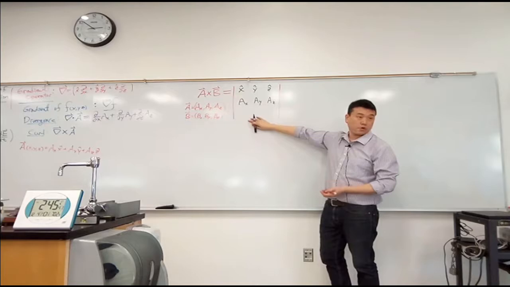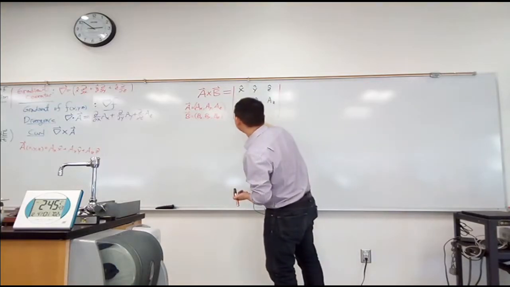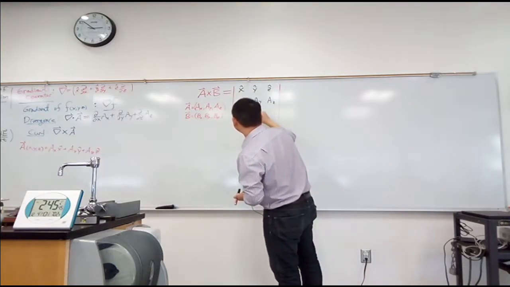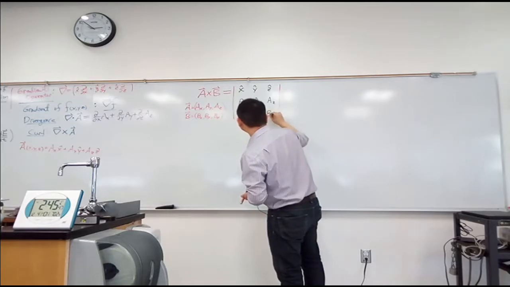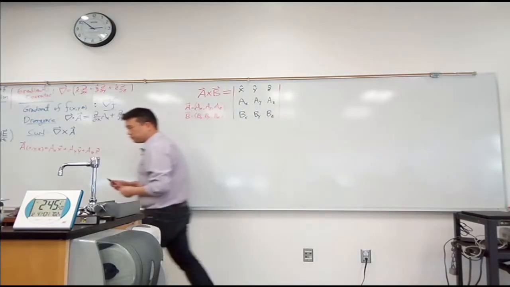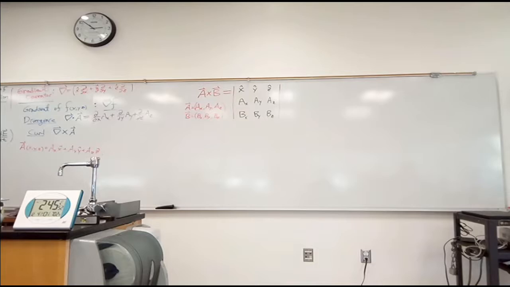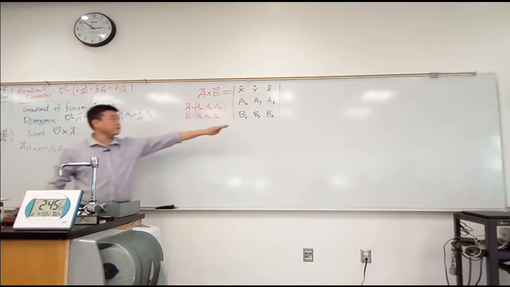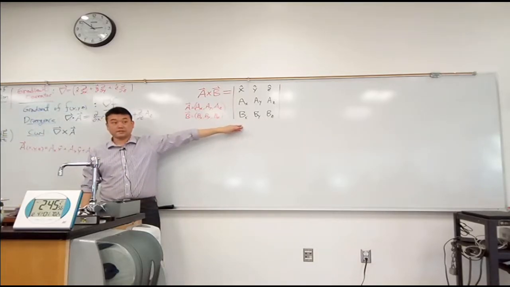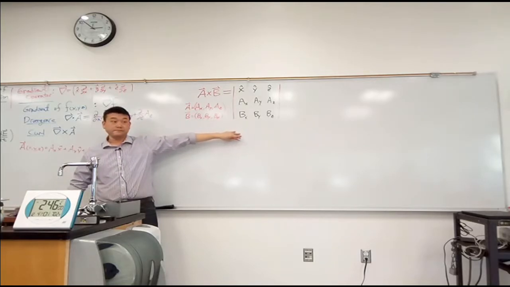The third row is the components of the second vector, Bx, By, Bz. How many people here remember the shortcut for calculating the determinant of a 3 by 3 matrix? It works only for a 3 by 3 matrix, doesn't work for anything else.